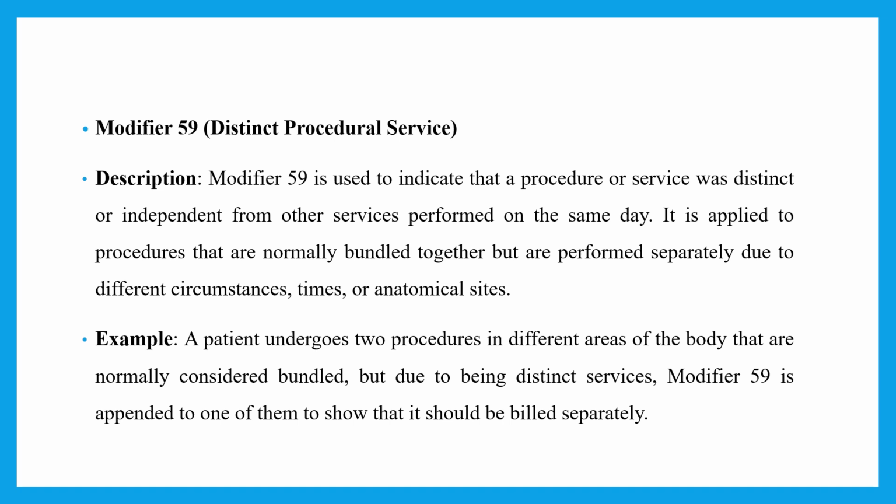As I have mentioned, simple and complex means you should indicate that these are distinct procedures, not related to each other, so you should add modifier 59. For multiple procedures we should use 51, and for distinct procedural services we should use 59.